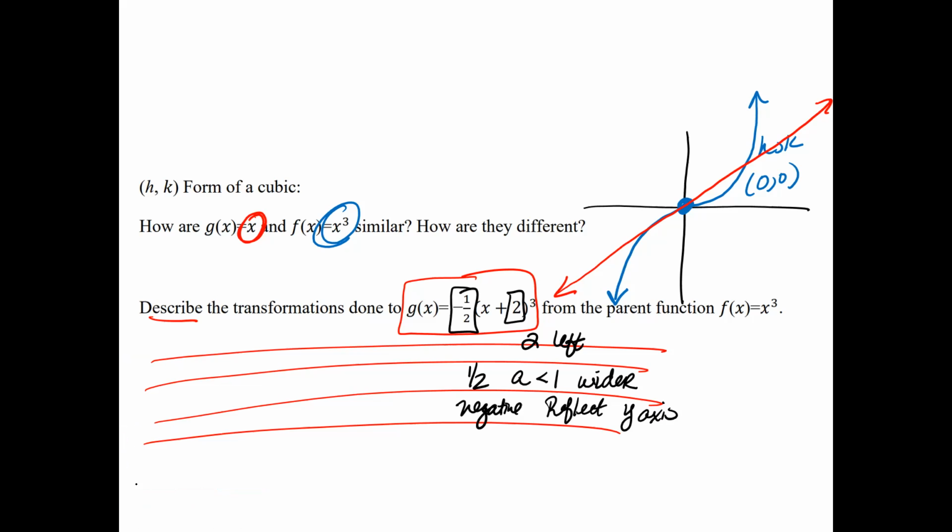So if I were to go ahead and graph this from this graph, I would go over 2 to the left, so 1, 2. And from this point, I'm not going up or down because there's no numbers after the parenthesis. It's going to be reversed, but it's going to be a wider shape. So it's going to be like that. And that's what it will look like.